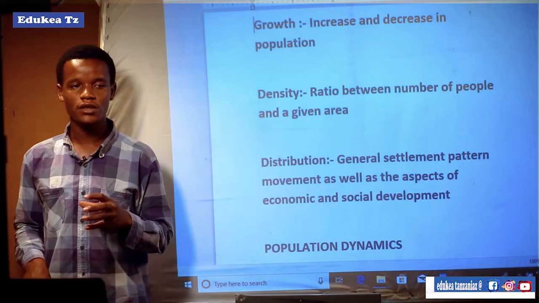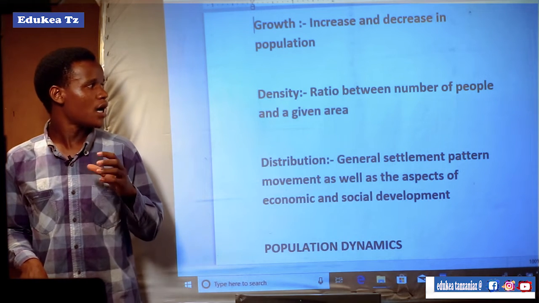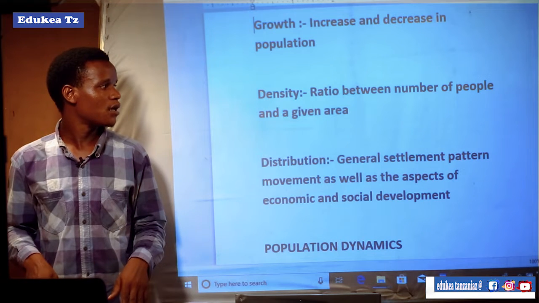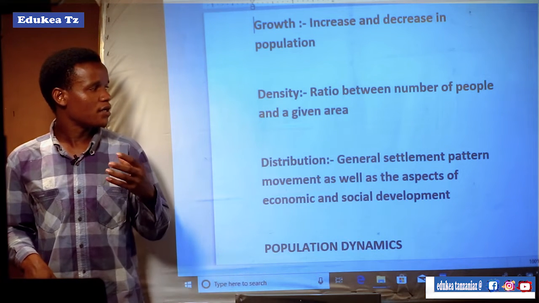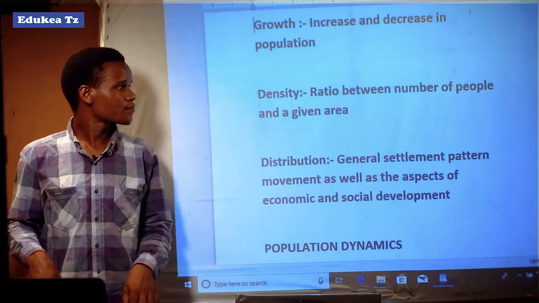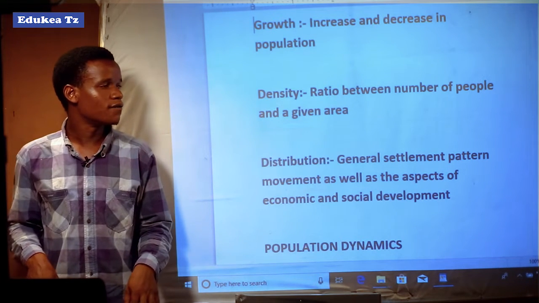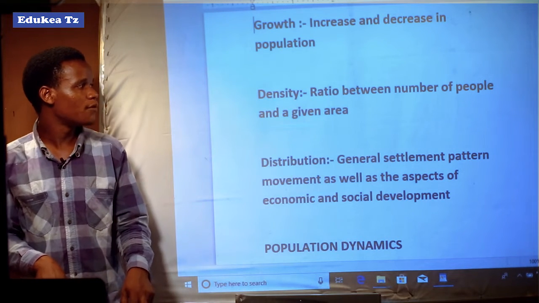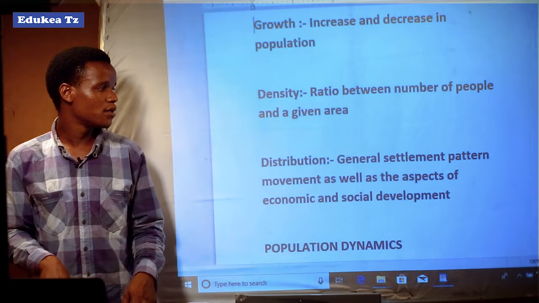You look at the number of people found in a certain area and the kind of area that people live in. So density refers to the ratio between the number of people and the given area.